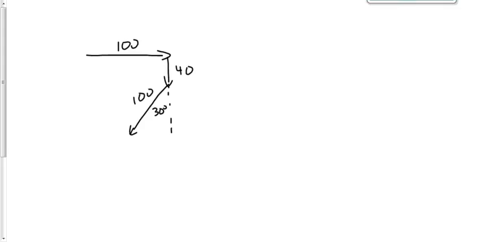I want you to find the magnitude of the resultant vector right here, which remember is drawn from start to finish. See what you can do with that for the next 3 minutes at your desks, please.